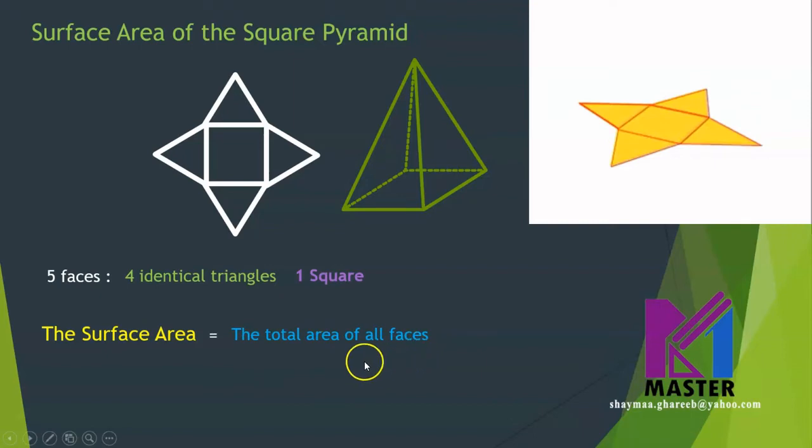What is the total area of all the faces? Area of the 4 triangles plus area of the 1 square, which is the base of the pyramid. And sometimes it could be a rectangle if it is a rectangular pyramid. Is this clear?